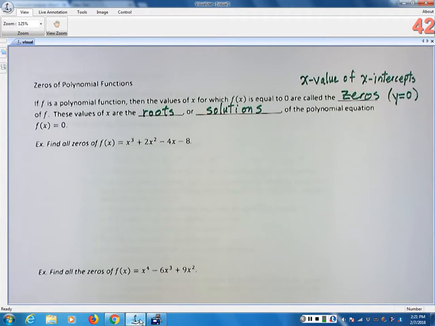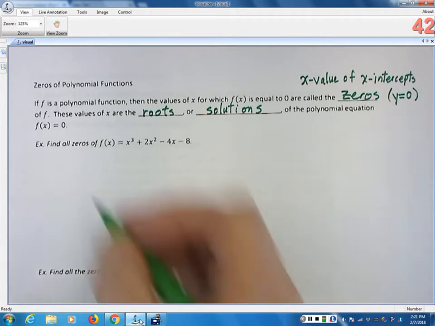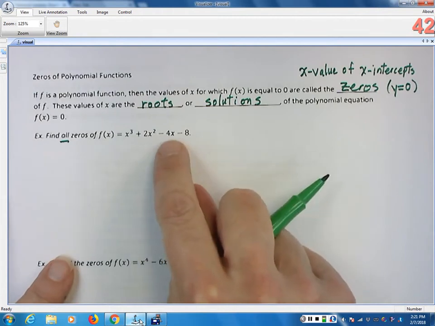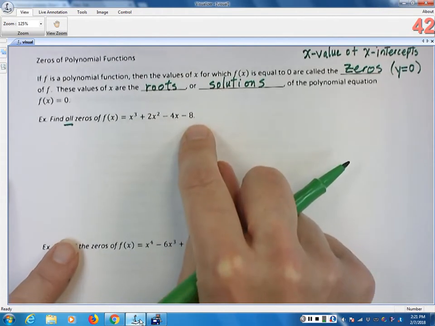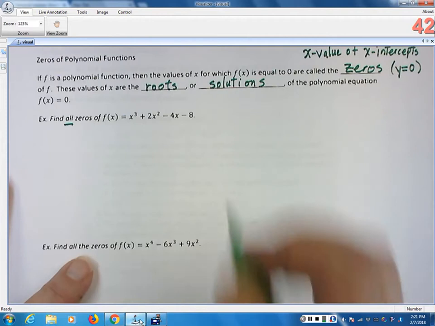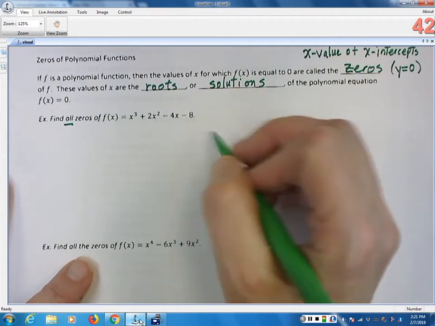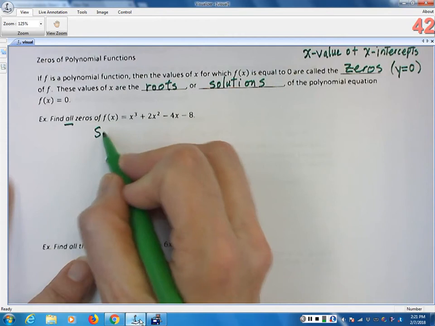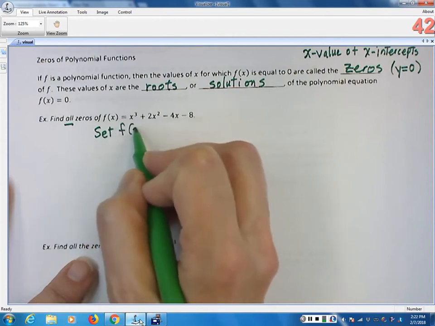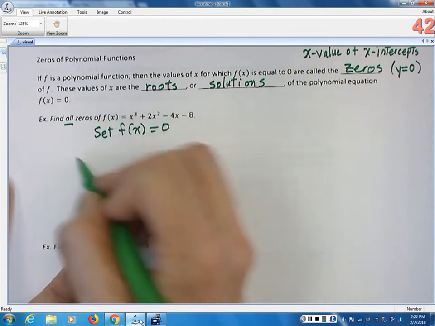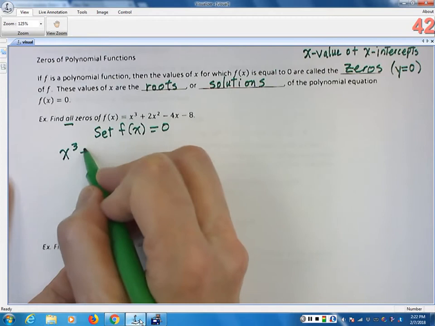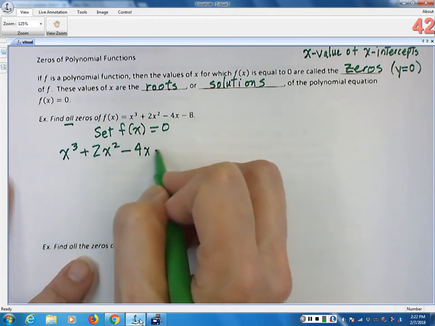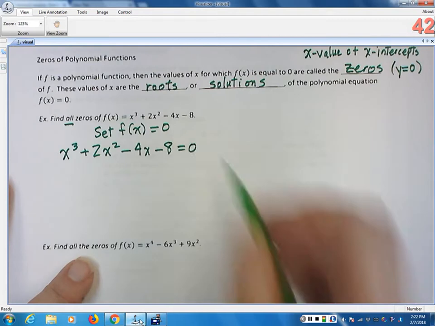So we're going to find all the zeros of f of x equals x cubed plus 2x squared minus 4x minus 8. First example. So to find the zeros, we set f of x equal to 0. x cubed plus 2x squared minus 4x minus 8 equals 0.